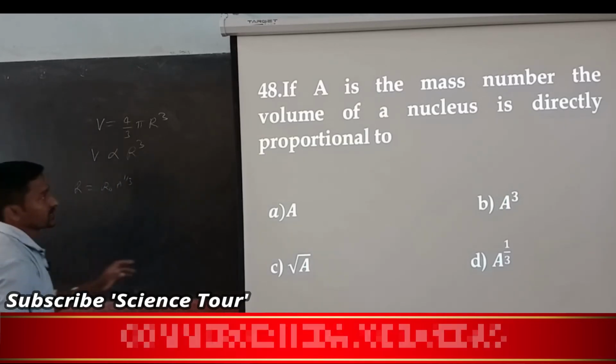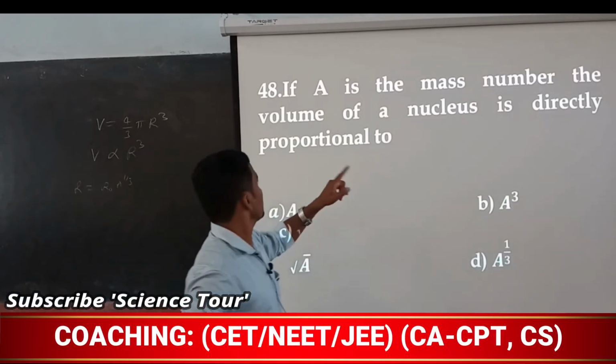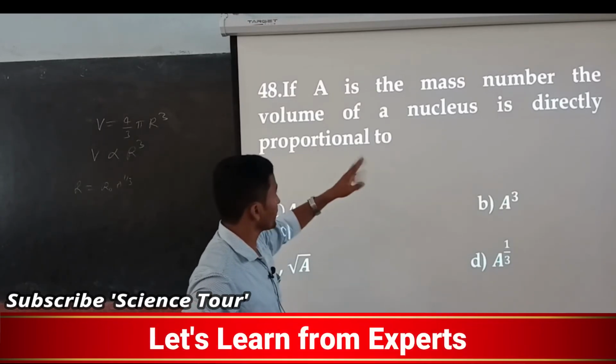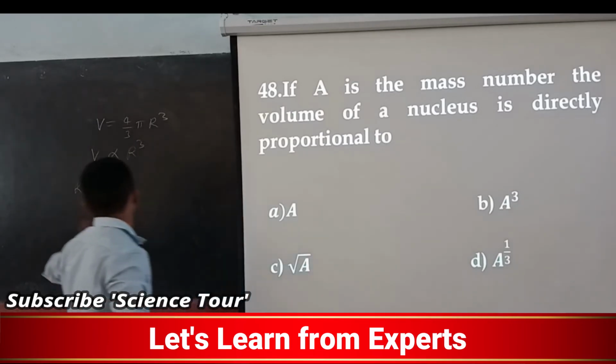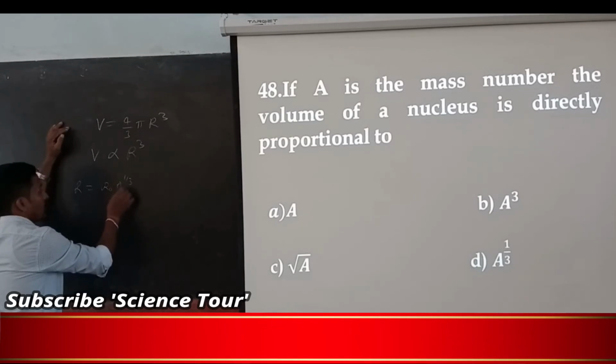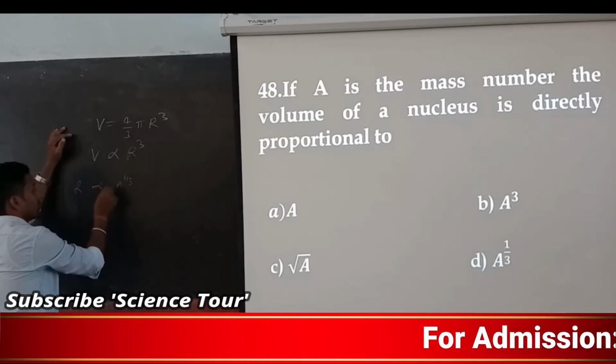Now the relation: if A is the mass number, we are asked about the volume of a nucleus, volume and mass number. So we know the mass number relation in this way. I am going to write down directly proportional.